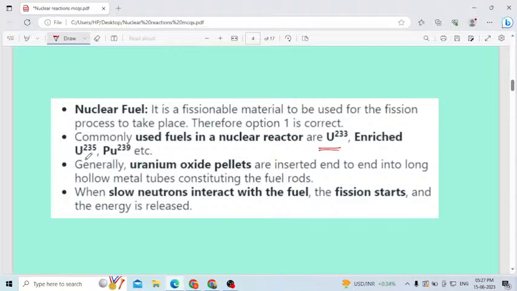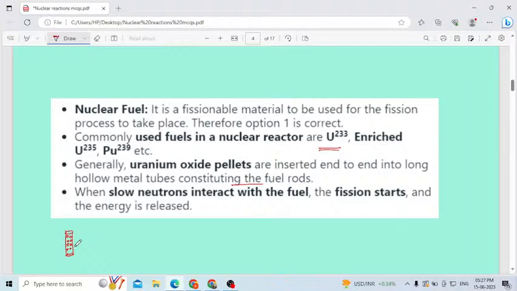Generally, uranium oxide pellets are inserted end to end into long hollow metal tubes constituting the fuel rods. Here you have a rod like this, and inside the rod there is empty space with pellets, small pieces of uranium, put inside the metal tube.